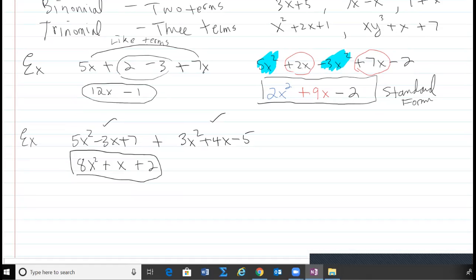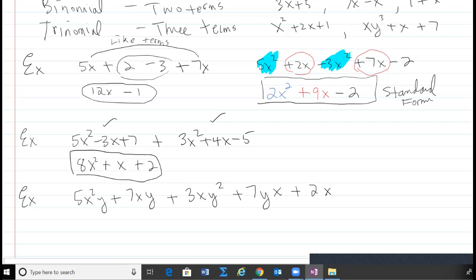Okay, now sometimes things get a little bit more difficult if you have more than one variable. For example, if I have 5x squared y plus 7xy plus 3xy squared minus 7yx, we'll make it plus 7, and then plus 2x squared y.